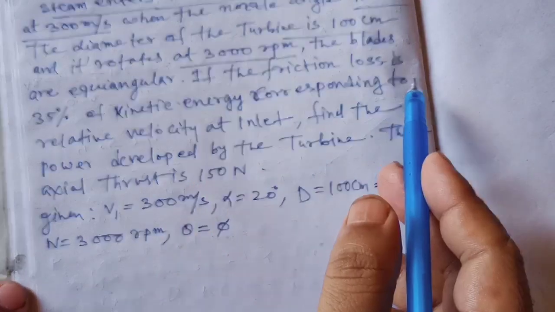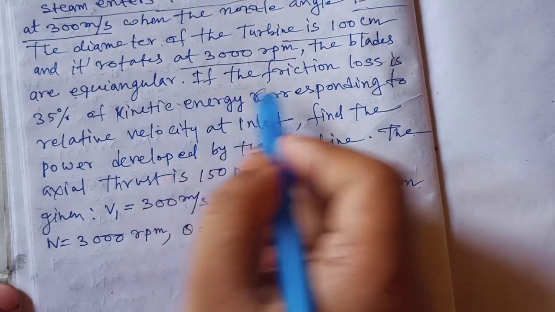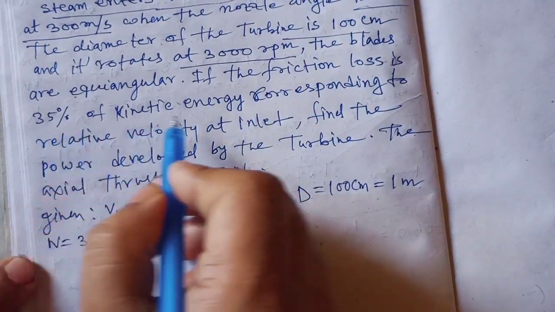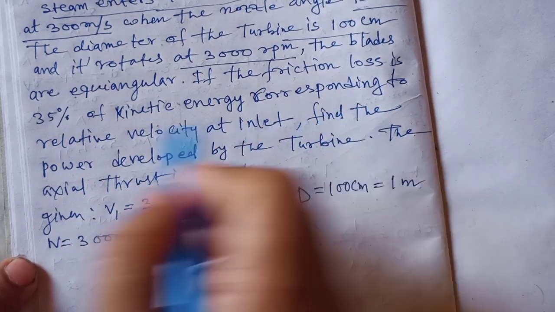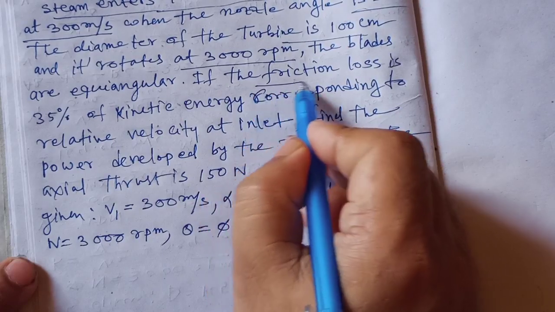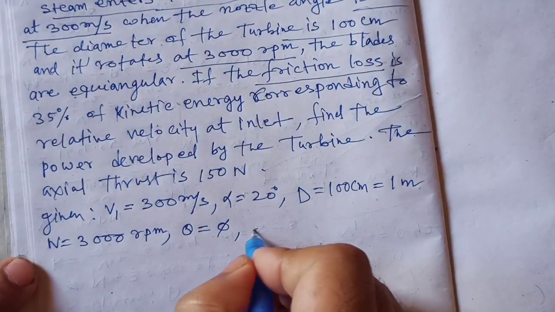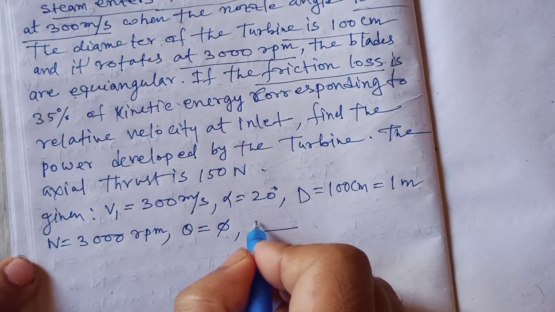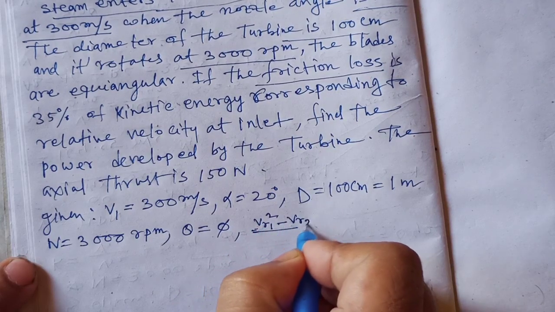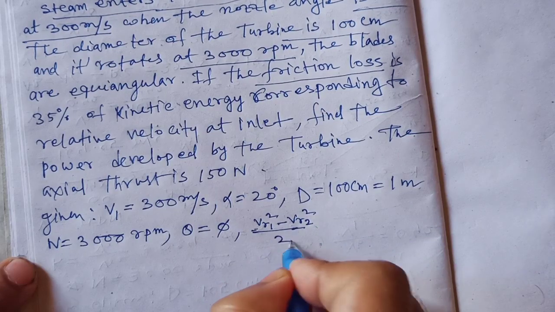If the friction loss is 35% of kinetic energy corresponding to the relative velocity at the inlet. What is friction loss? That is (VR1 square minus VR2 square) by 2.